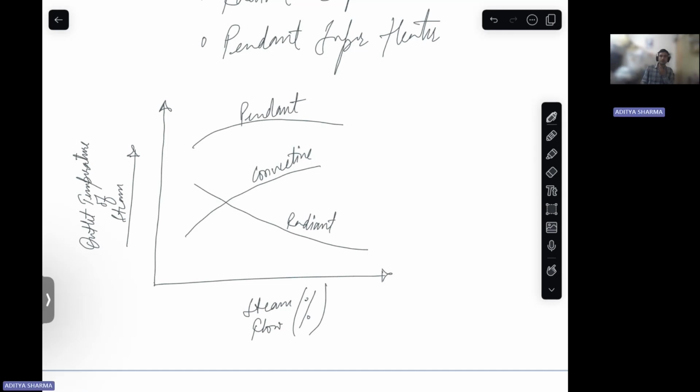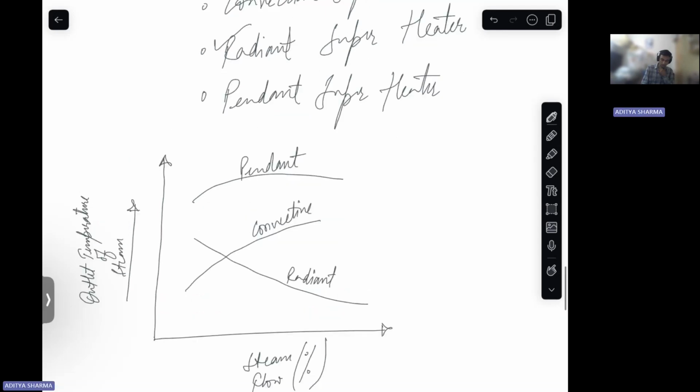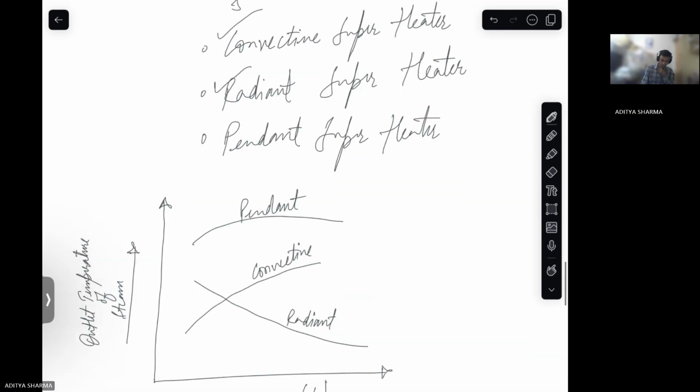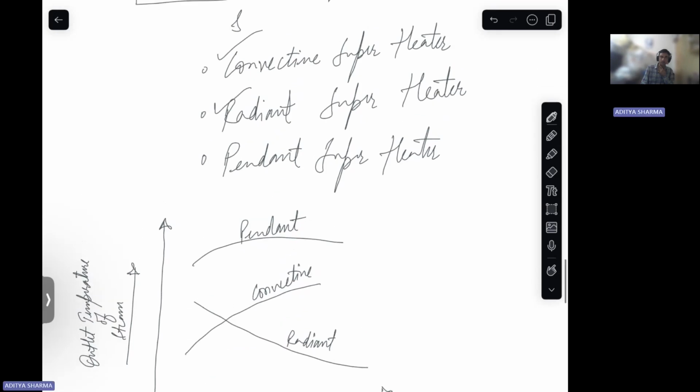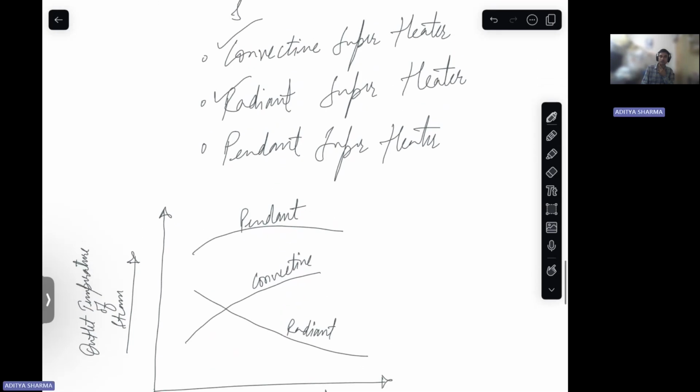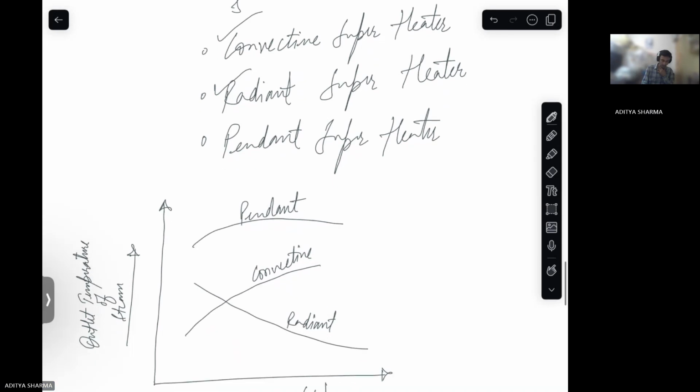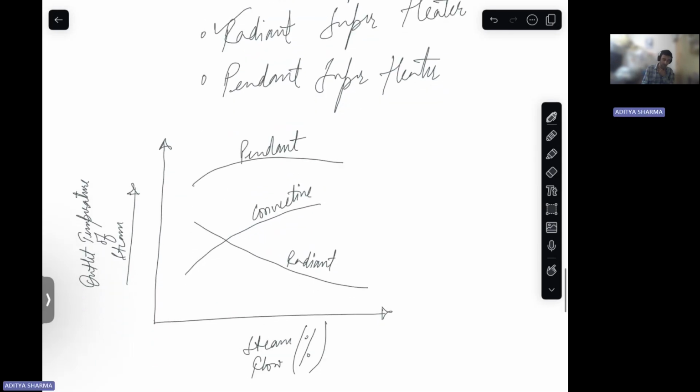So the difference in your radiant and convective is that as we increase the load, in case of your convective superheater, you can see that your outlet temperature of steam increases, right?